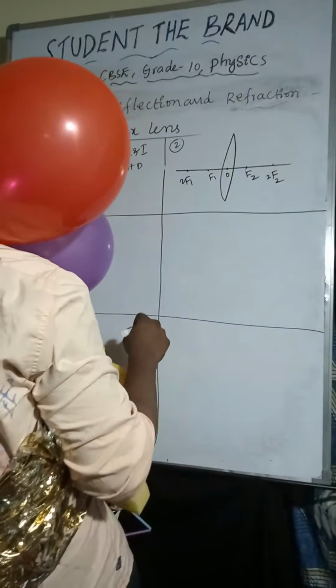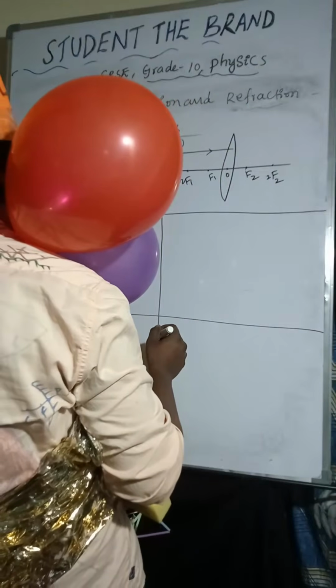So F1 and 2F2. So object is placed beyond 2F1. So one light ray I am taking like this, it passes through focus.